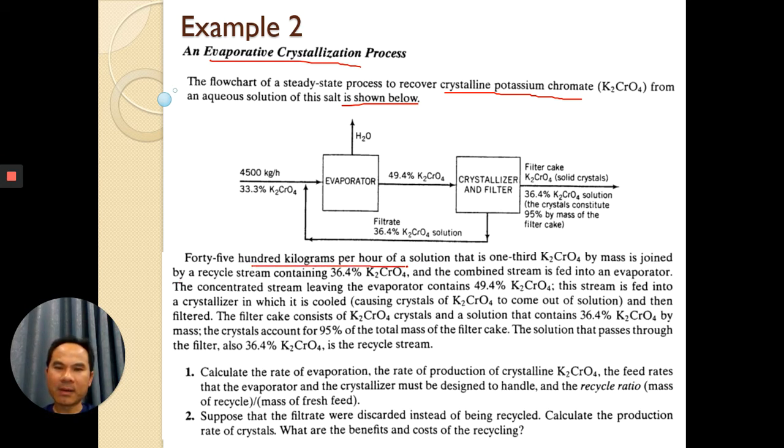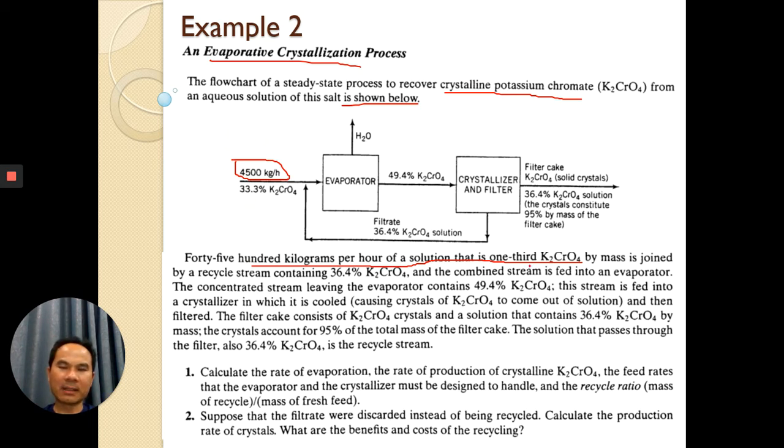4,500 kilogram per hour of solution that is 1/3 potassium chromate. What does it mean? The total mass flow rate of the solution in the feed is 4,500 kilograms per hour.